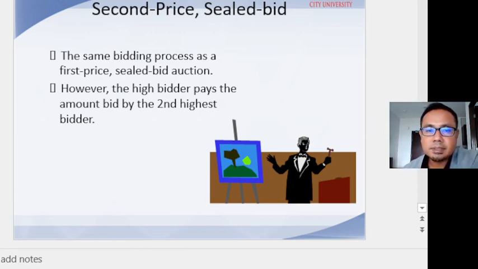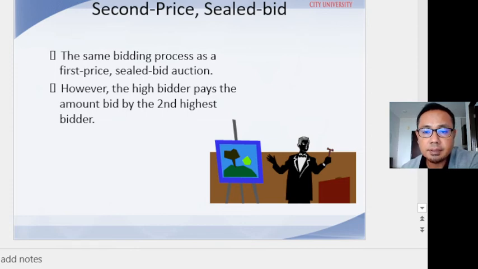So the person who submitted the highest bid wins, but has to pay only the amount bid by the second highest bidder. Consider, for instance, the situation where a machine is auctioned off to one of three firms in a second price sealed bid auction.